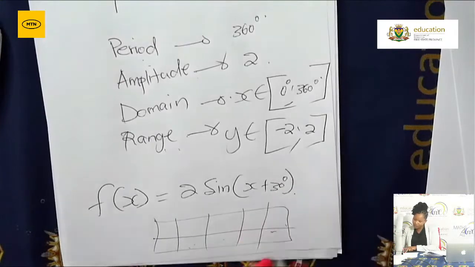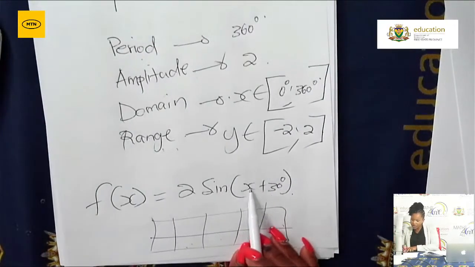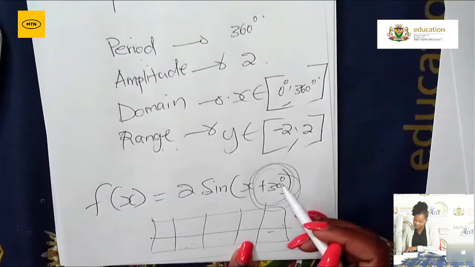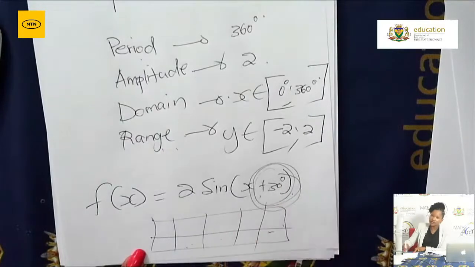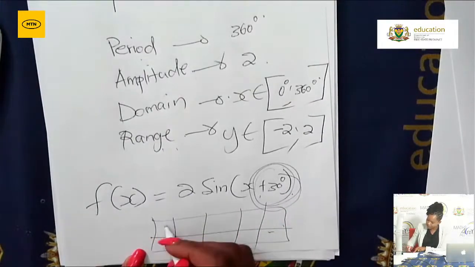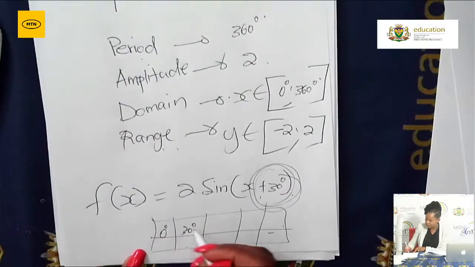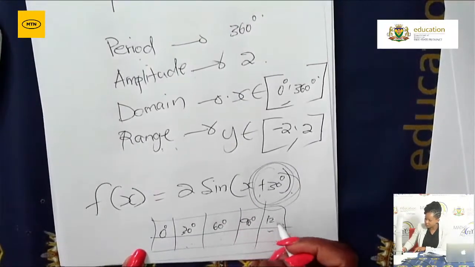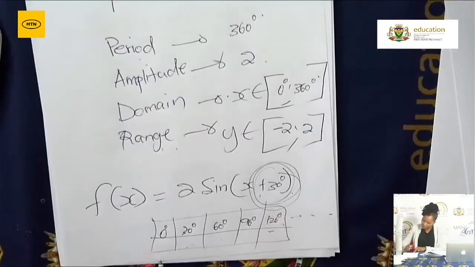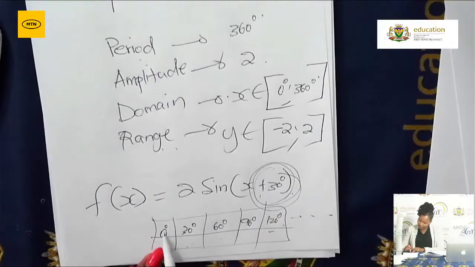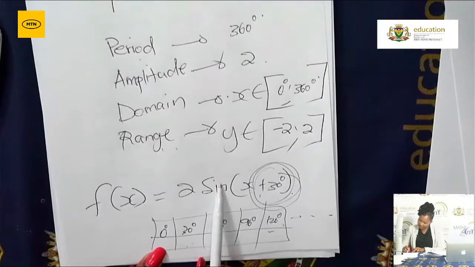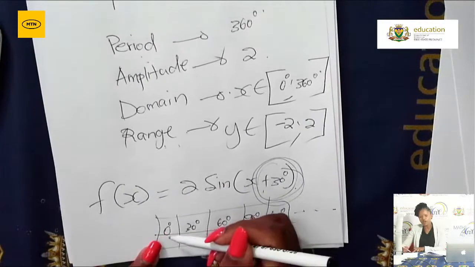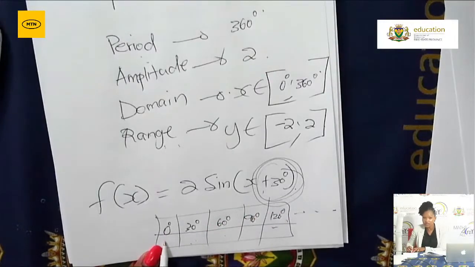But now, if you are confused, when we have x plus 30 degrees, this will guide you on the intervals that you can use, the interval of 30 degrees. Meaning in your table, you will have 0 degrees, 30 degrees, 60 degrees, 90 degrees, 120 degrees, and so on. So when you use your calculator, you press 2 sine. In place of x, you will insert 0 degrees. Then your calculator will give you the corresponding value for 0 degrees.